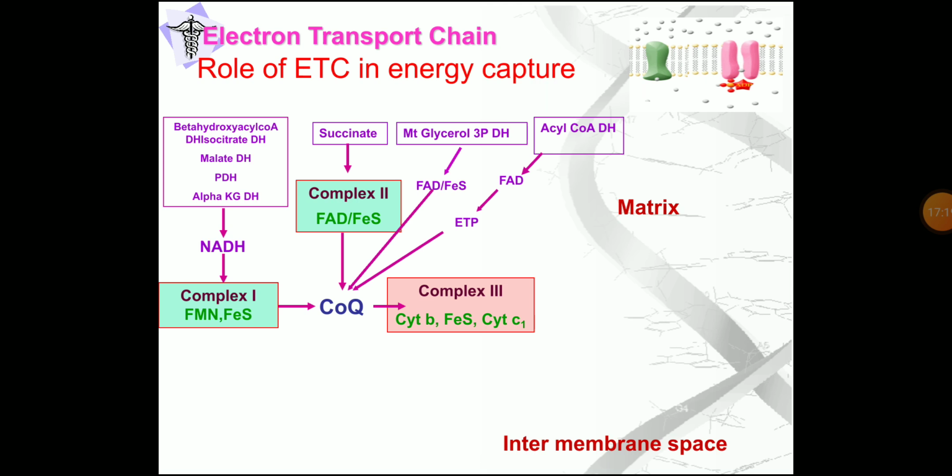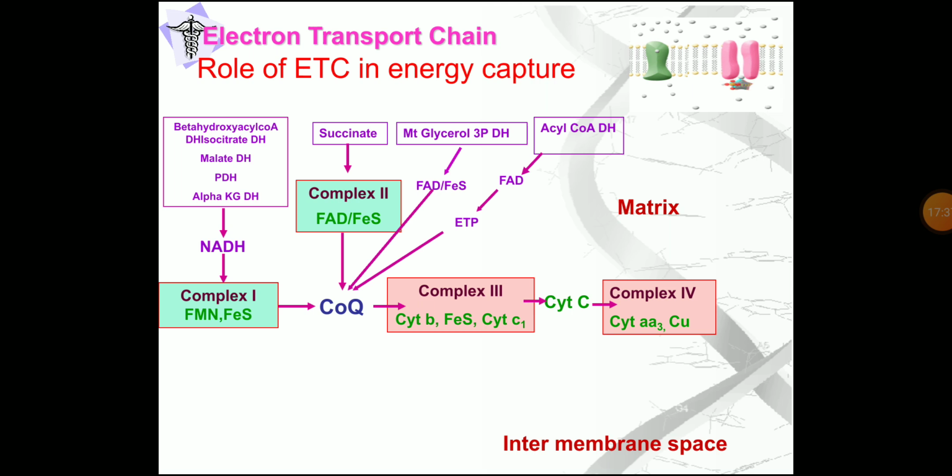And then from coenzyme Q to complex 3, where cytochrome B and C1 are there, and cytochrome C is the mobile carrier transferring the electrons to complex 4. Complex 4 contains cytochrome oxidase or AA3, which has copper also, and finally the oxygen is there.